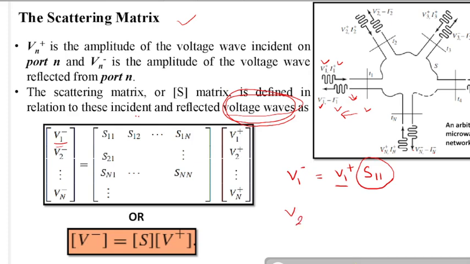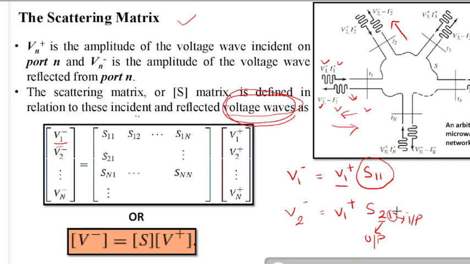Similarly, if I say what is V2 minus, V2 minus means how much voltage is going out of network 2 when I am applying a voltage of V1. So that is equal to V1 plus into S21. Here it is important to remember that 1 is the input and 2 is the output.